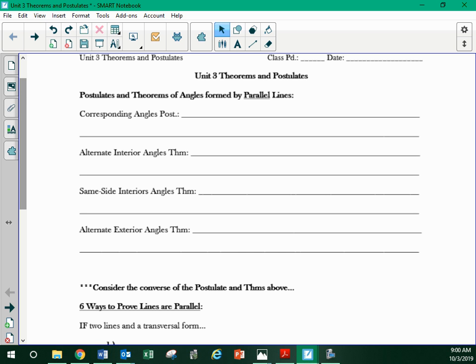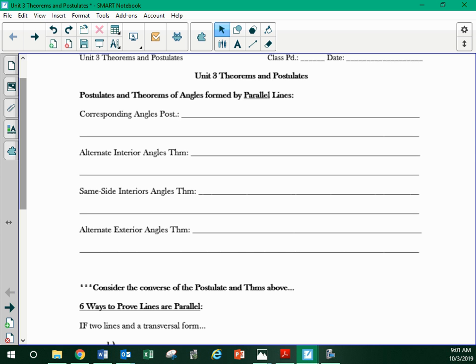Now you'll notice that our theorems and postulate for today all deal with the vocab that we were just talking about. So we've got the corresponding angles postulate, alternate interior angles theorem, same side interior angles theorem, and alternate exterior angles theorem. This is when we have angles formed by parallel lines. For each of these, it's talking about parallel lines, and these only apply when our lines are parallel.